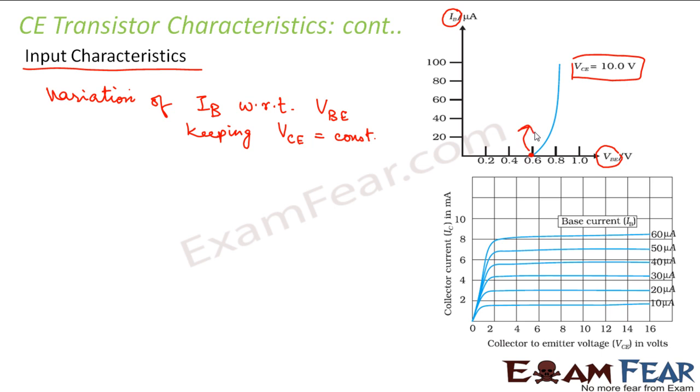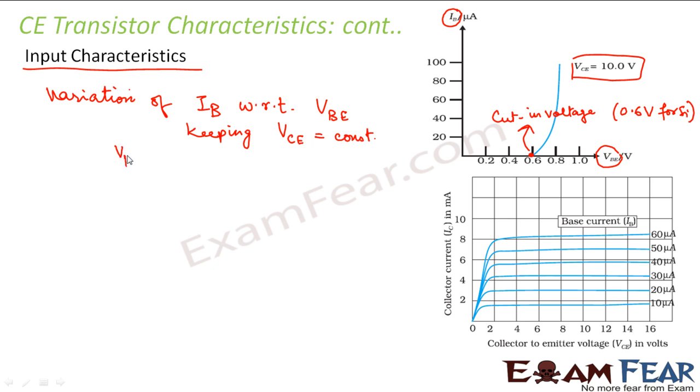Now it is saying that this particular voltage, what is this voltage? This is nothing but the cut-in voltage. When we had drawn the VI characteristics of the semiconductor diode, we got a similar kind of a curve, right? So this voltage is called cut-in voltage and its value is somewhere around 0.6 volt for silicon.